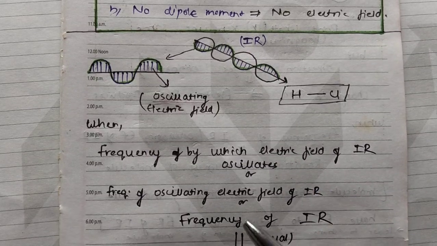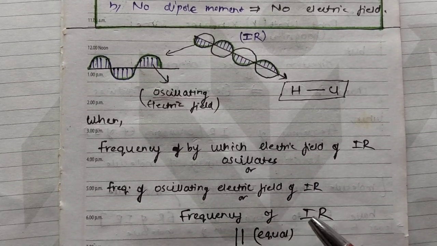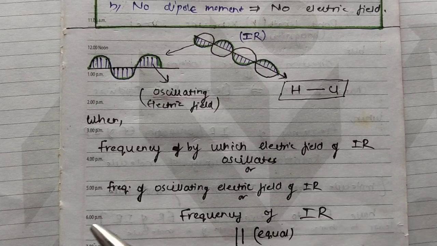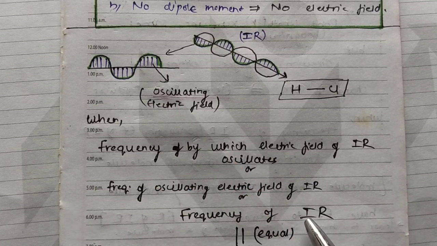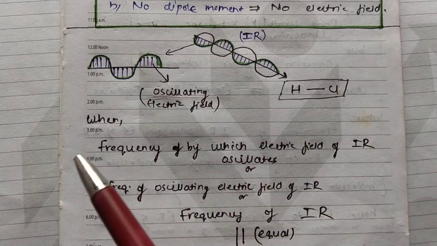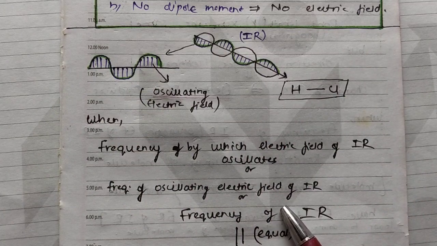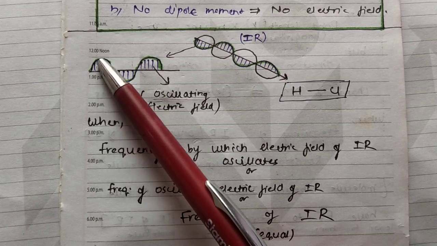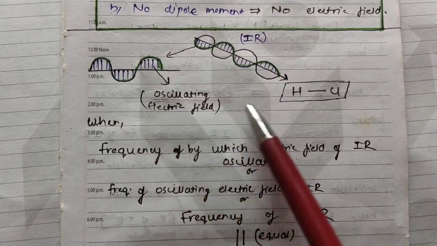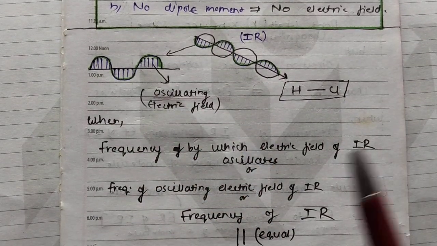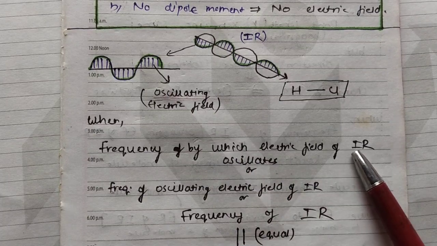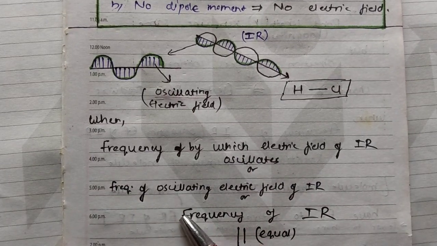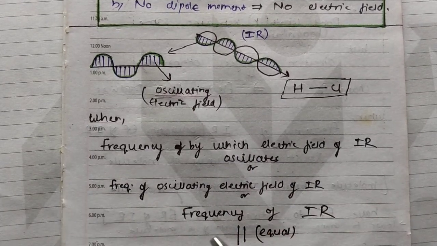I will repeat, the frequency of the wave of IR is equal to the frequency by which this electric field is oscillating. So this is the same frequency by which the electric field of IR oscillates, or the frequency of the oscillating electric field of IR, or the frequency of IR.